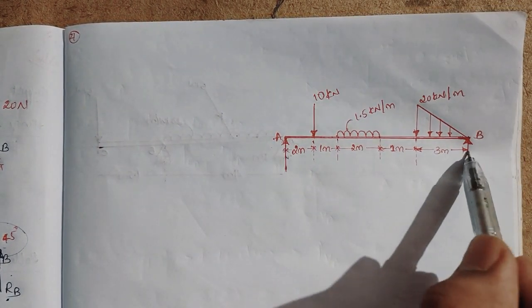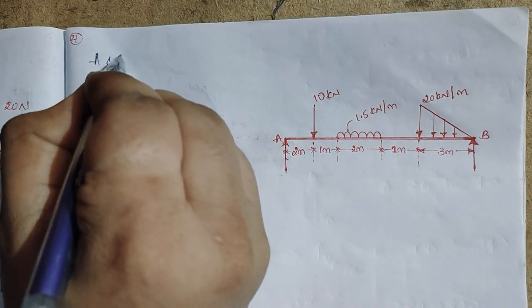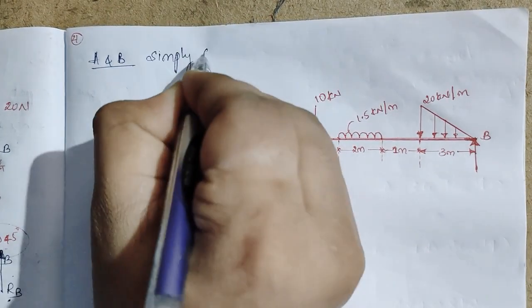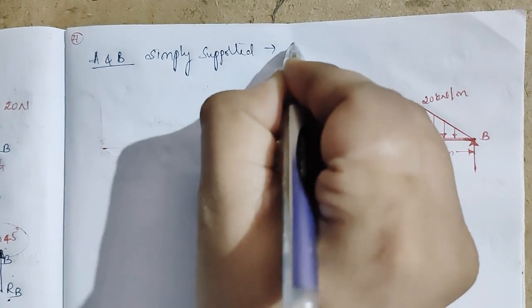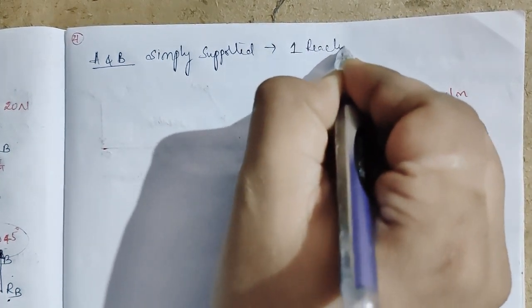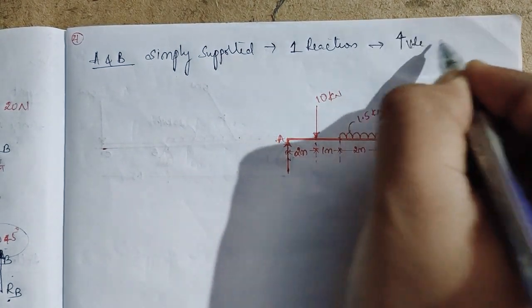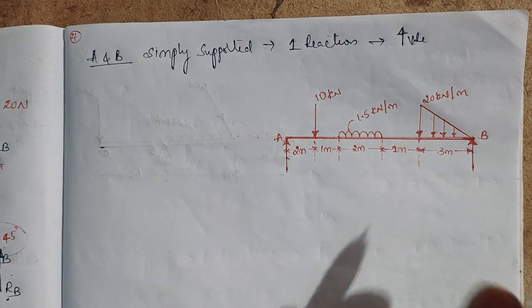See, this symbol denotes that it is simply supported. Both A and B are simply supported, that's why they have one reaction each, that is vertically upwards, RA and RB.